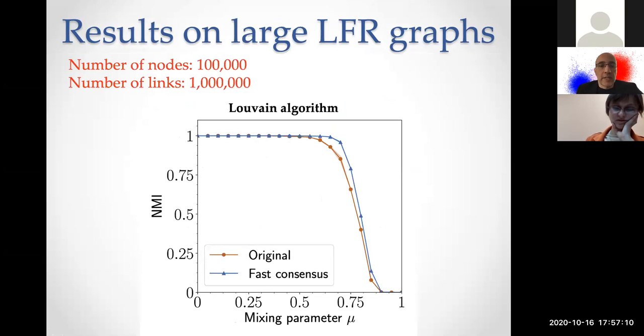And you see actually that with our fast consensus procedure, we can do better than the original one, because the performance dies out later. But with the full consensus procedure, it would be impossible. It would not be possible to get these results in a short time.